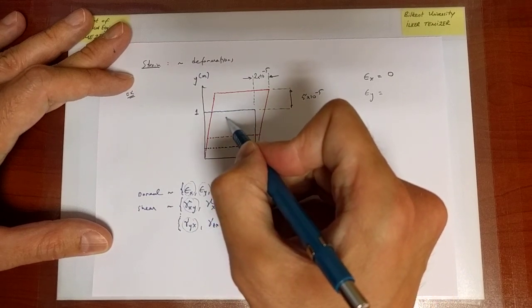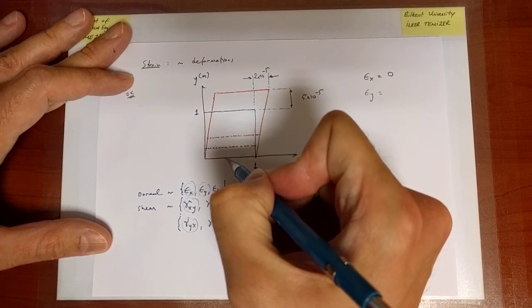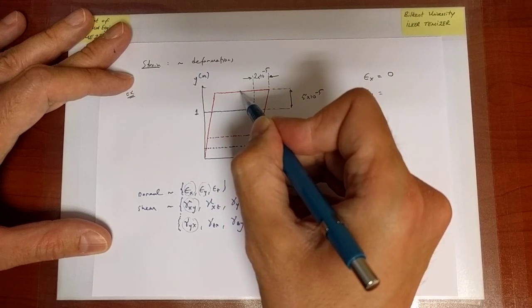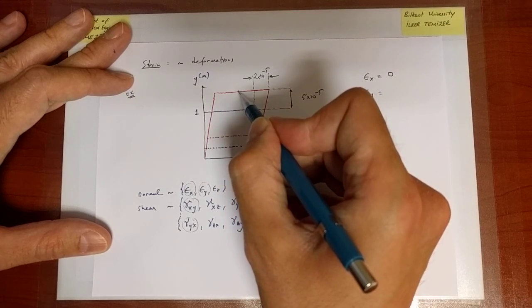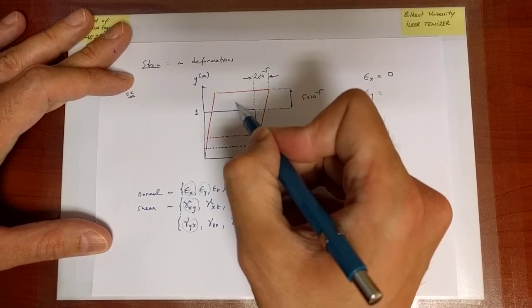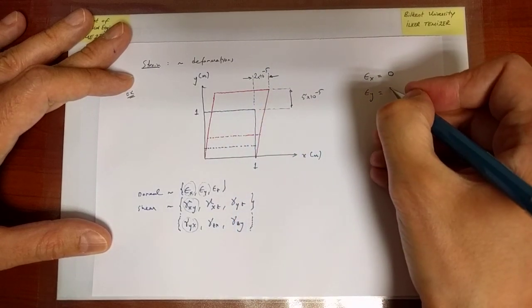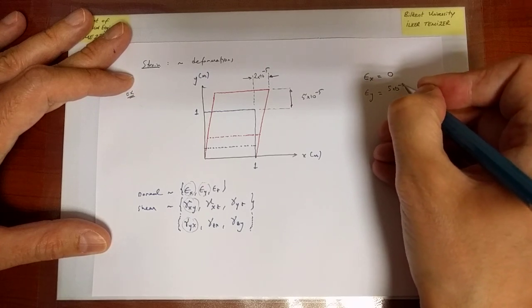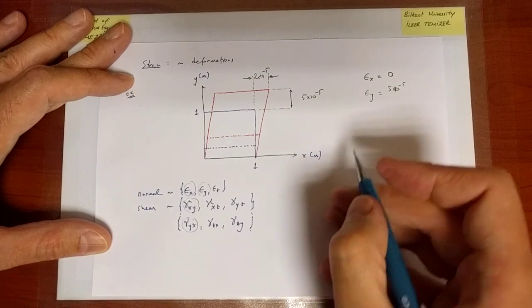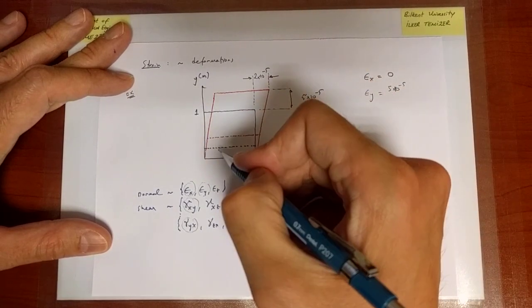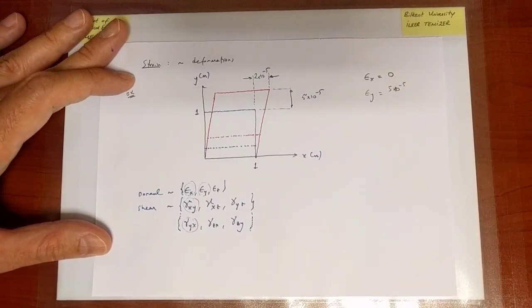The original length in the vertical direction is 1. After deformation, that line becomes skew to the y-axis. But let's recall this point. The change in the length is 5 times 10 to the minus 5. That's the change in the length. It's an approximation of the real length change, but it's a very good approximation.